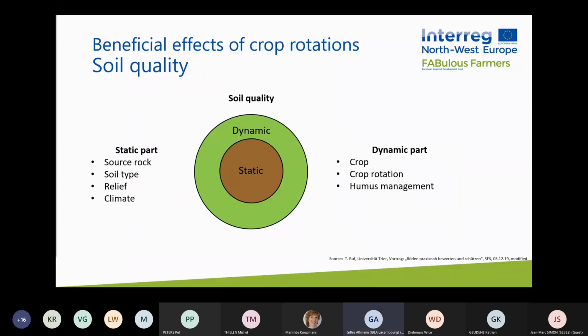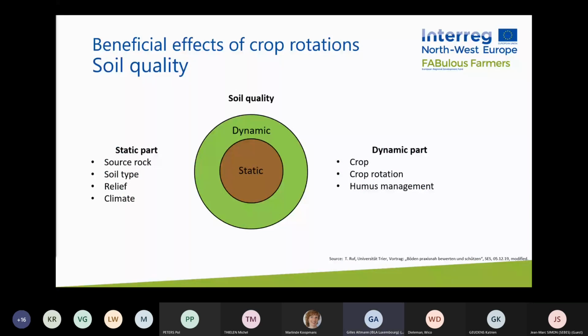But on the other hand, you also have a dynamic part, and this in turn can be improved by the farmer, through selection of the cultivated crops, the crop rotation, and the linked humus management. Therefore, in diverse crop rotations, we have a support of the preservation and the increase of soil fertility.